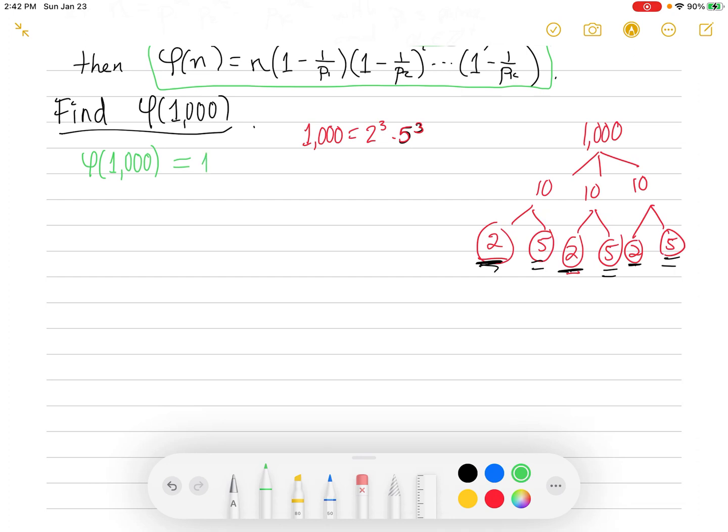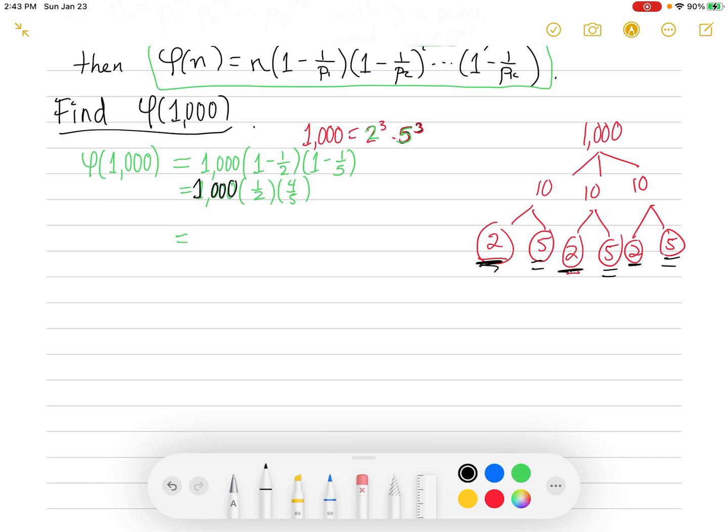So if I'm calculating phi of 1,000, I have to start off with my n, which is 1,000, times 1 minus 1 over my first prime. My first prime base here is 2. And then 1 minus 1 over my second prime here, which is 5. So phi of 1,000 is 1,000 times 1 minus a half is 1/2, 1 minus a fifth is 4/5.